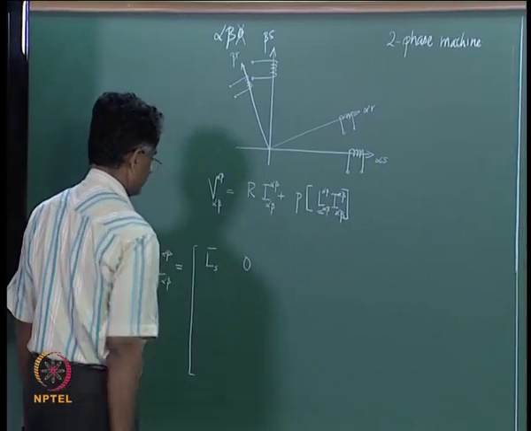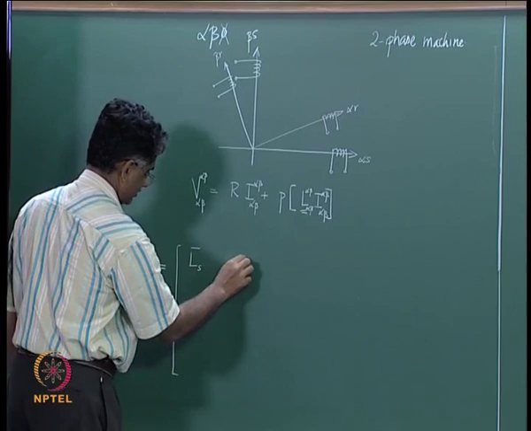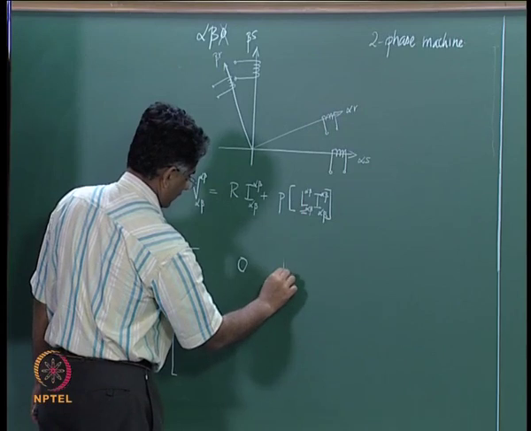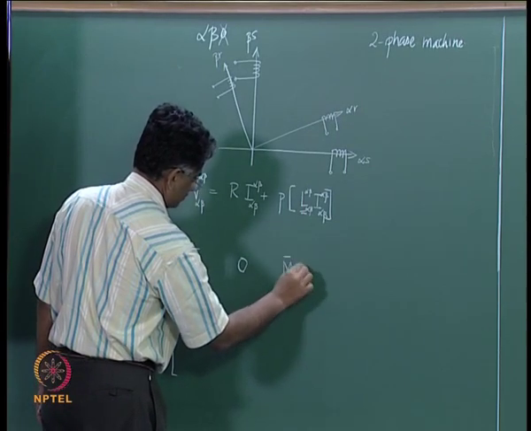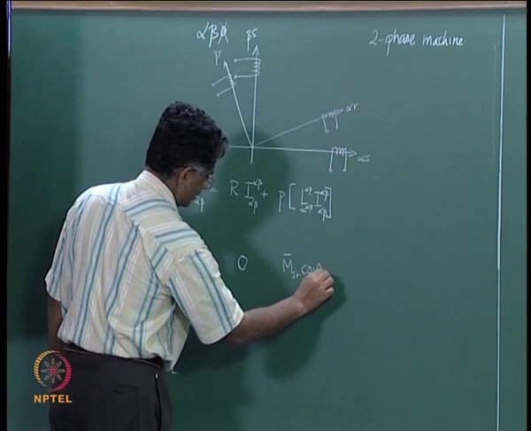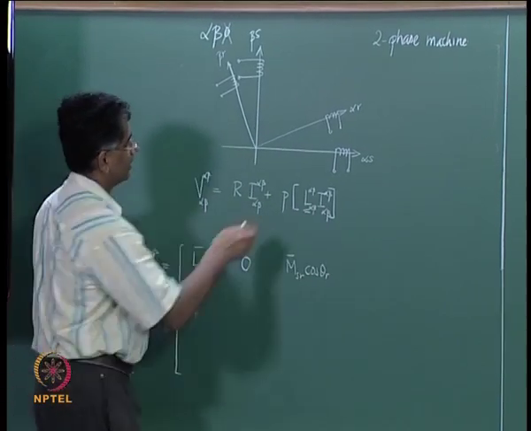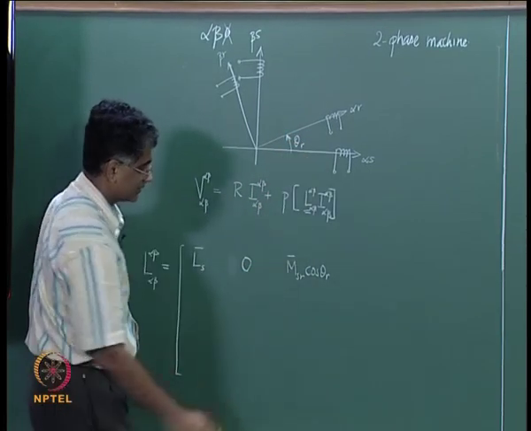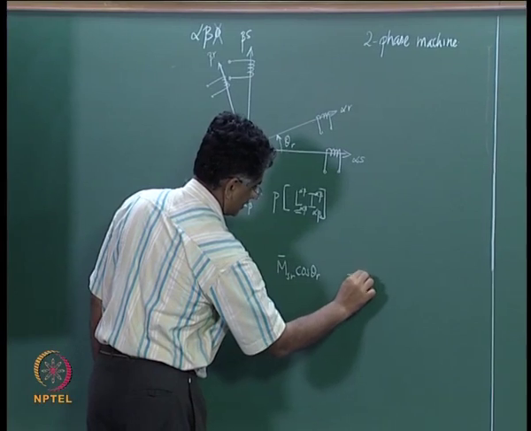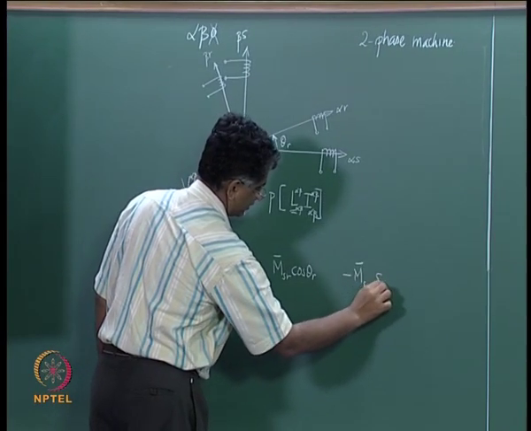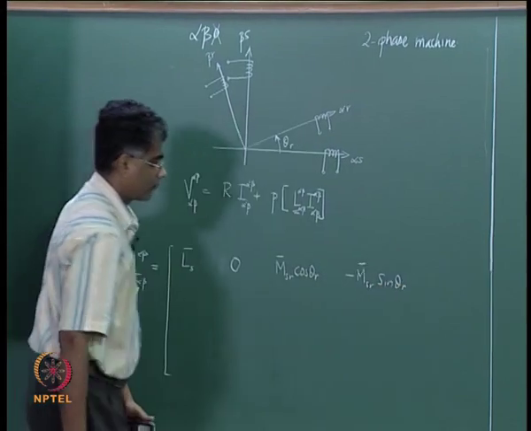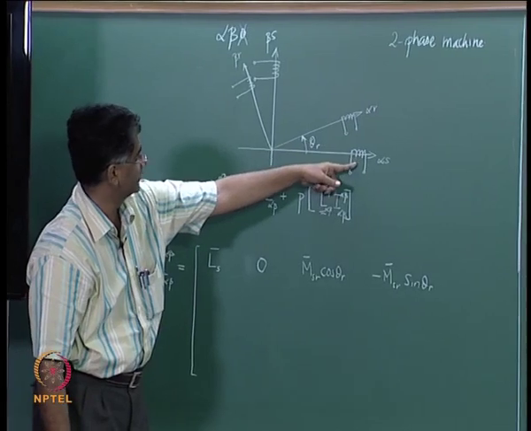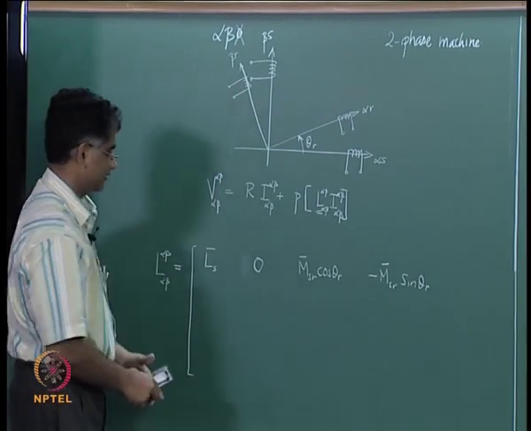So the mutual inductance is 0, and then you have MSR into cos of theta r, representing the mutual inductance between the alpha s and the alpha r axis, and then you have minus MSR sin theta r, represents the mutual inductance between the coil on the alpha s axis and the coil on the beta r axis.